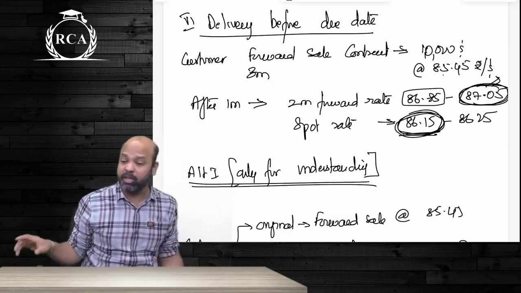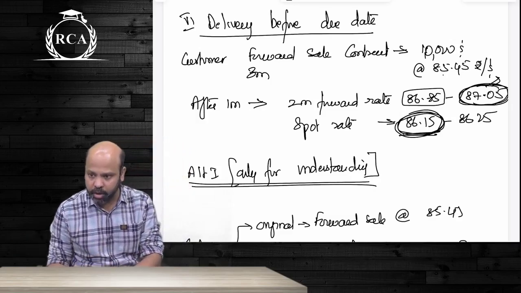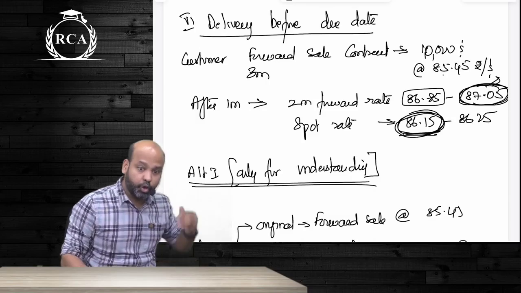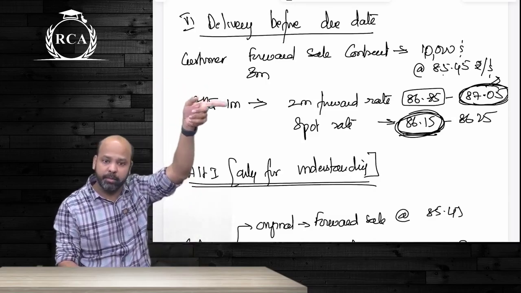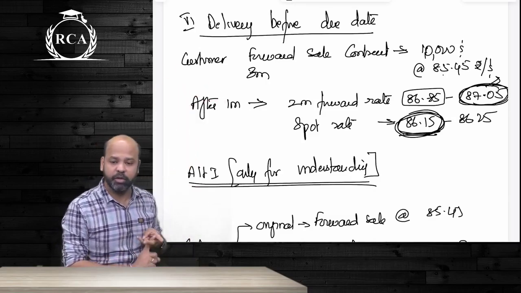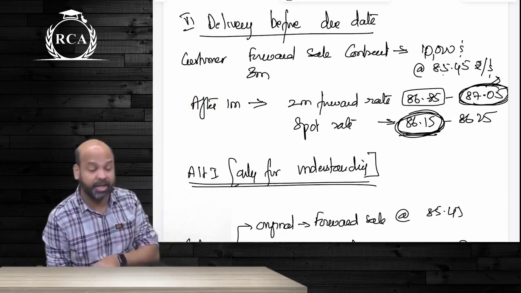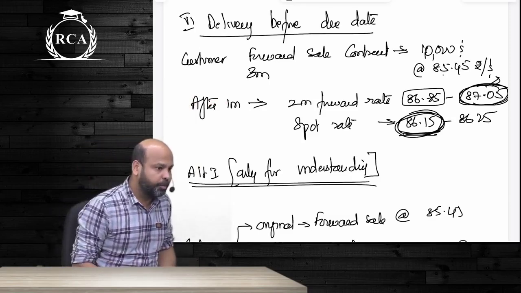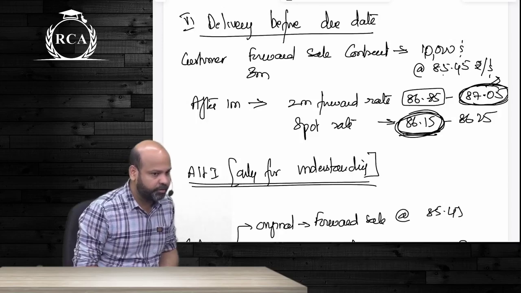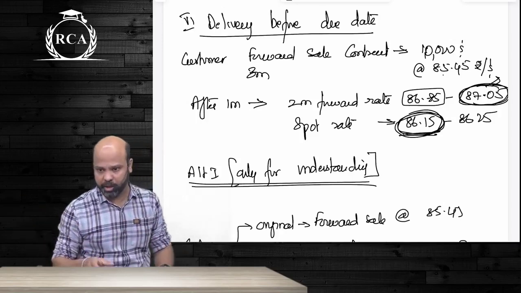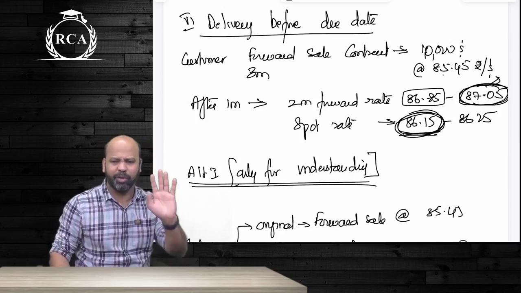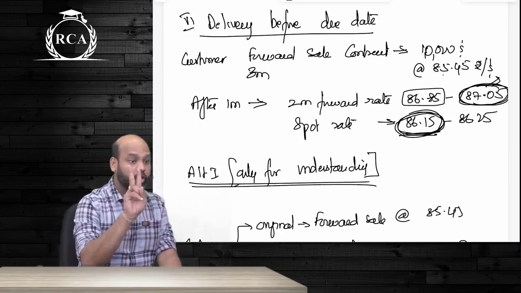But I told you, as per FEDAI regulations, you do not do that. If it is delivery before due date, you still deliver at the agreed forward rate, but this will be subject to 2 charges. One is swap loss, the other one is interest on outlay of funds, if any. Okay? Swap loss, interest on outlay of funds, or fixed charges, if they apply, will be given in the question. Fixed charges like 100 rupees or something, guys, but usually only 2 charges.